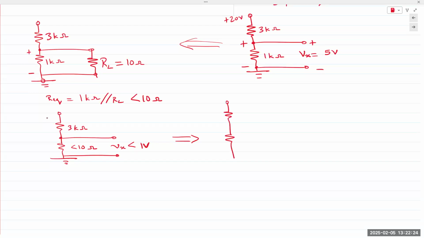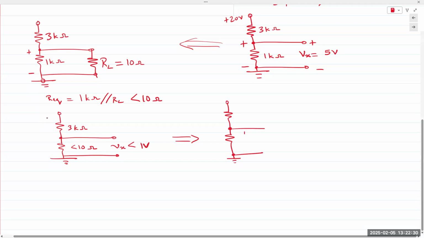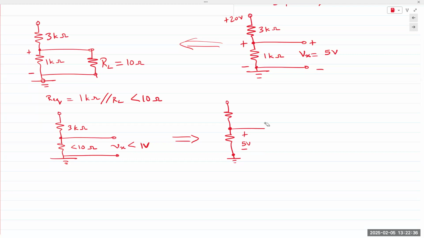And so we could take our voltage divider circuit, the output of this should equal 5 volts, and we'd connect this with negative feedback like this, and it isolates it from your RL.